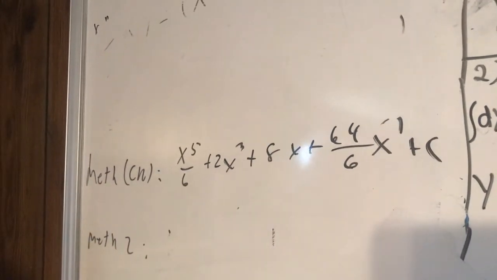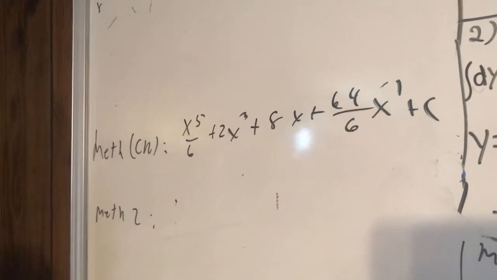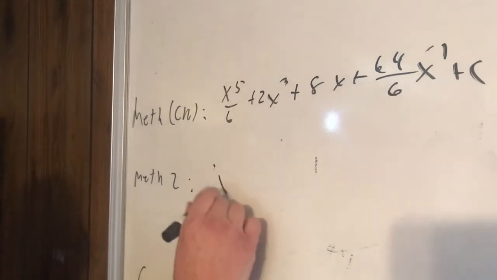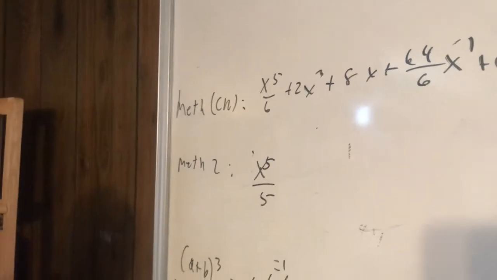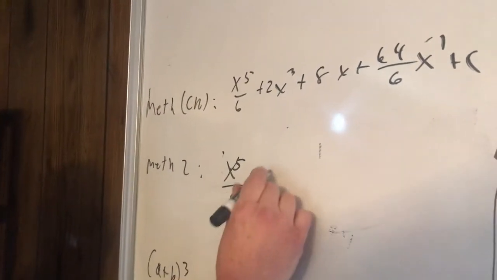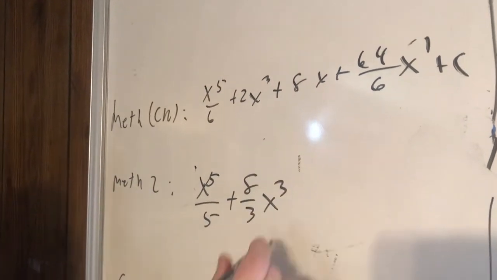Now what was the other one? The other one we had was x to the fifth over 5, plus 8 thirds, plus 16. You can see right now that it's not the same.